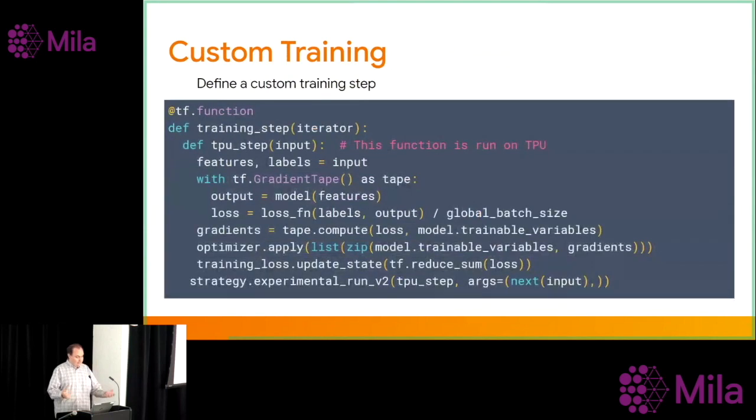So this is basically what a custom training loop looks like. We're going to define a single function which trains a single step. We define this function called training step, and the key thing is that we define it with this decorator called tf.function. So what does tf.function do? tf.function tells TensorFlow that this function is actually a graph.